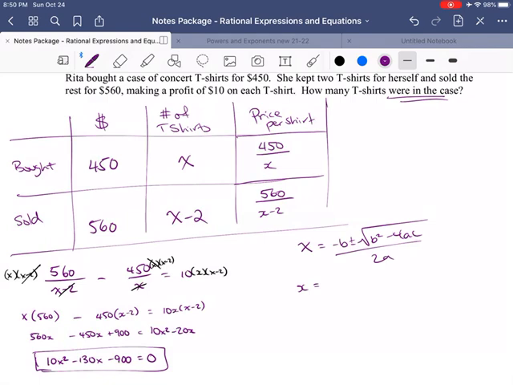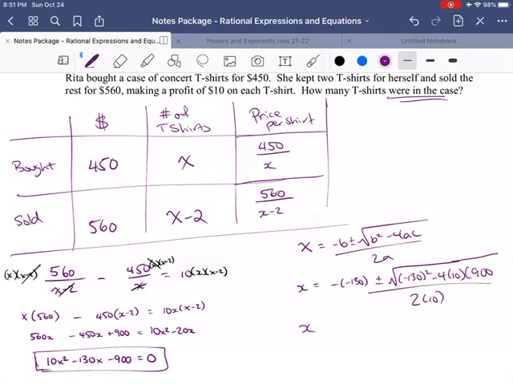So x is equal to negative negative 130, which is going to be a positive in the end, plus or minus the square root of negative 130 squared minus 4 times 10 times negative 900, divided by 2 times 10.